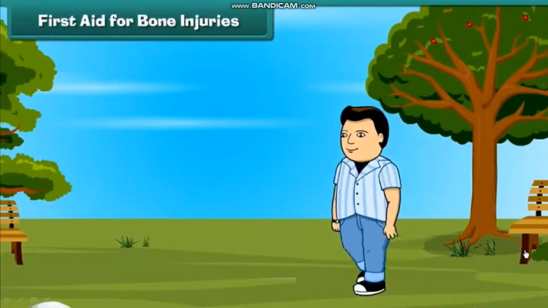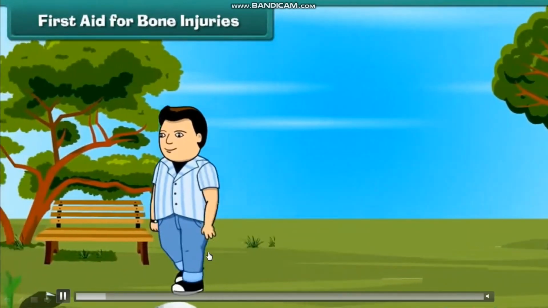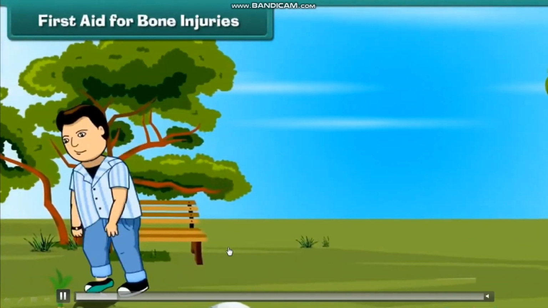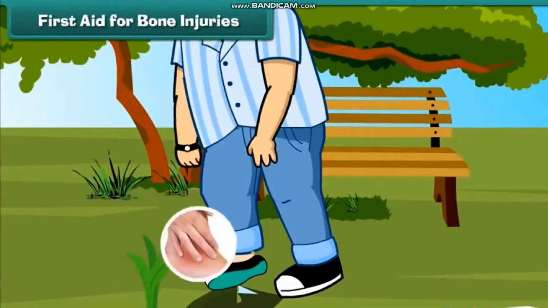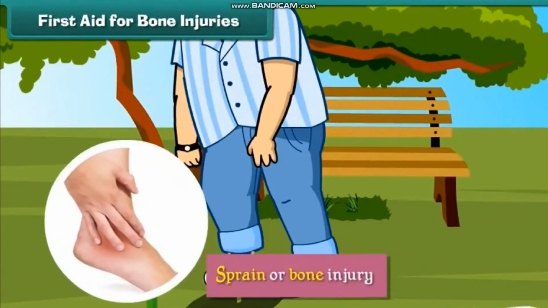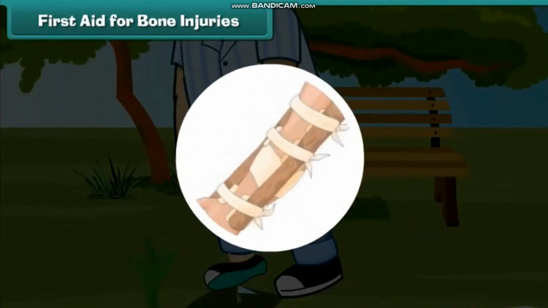Here we shall see that a boy, when he is walking, got a little sprain on his leg. In such a condition, his leg gets twisted and such a condition is known as a sprain or a bone injury.